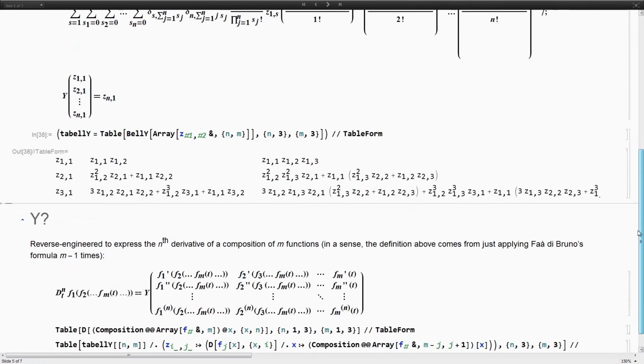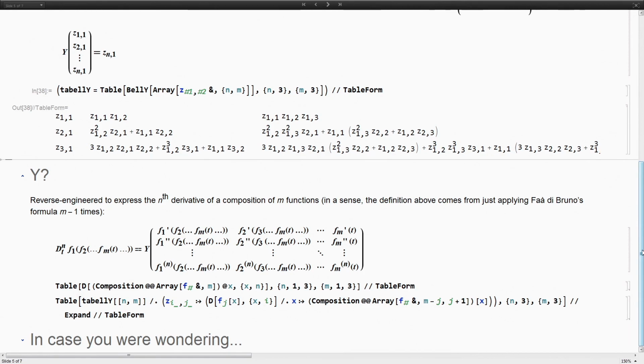Because really it was reverse engineered to express the nth derivative of a composition of m functions. Basically it's what happens if you apply Faà di Bruno's original formula m minus 1 times.